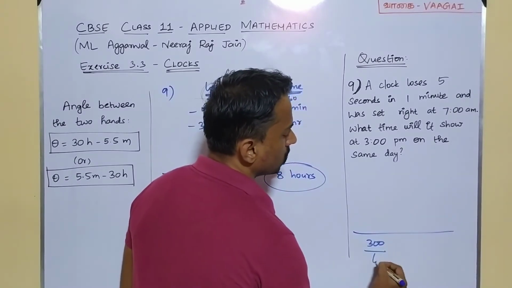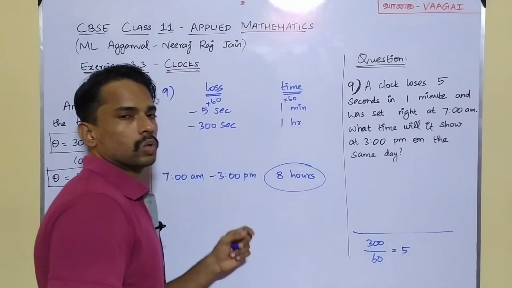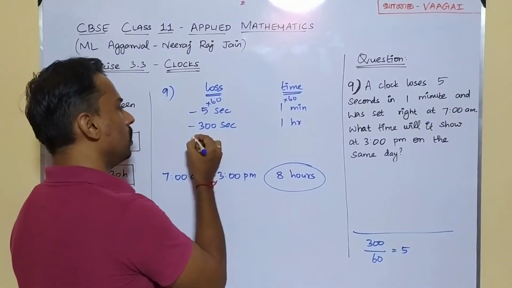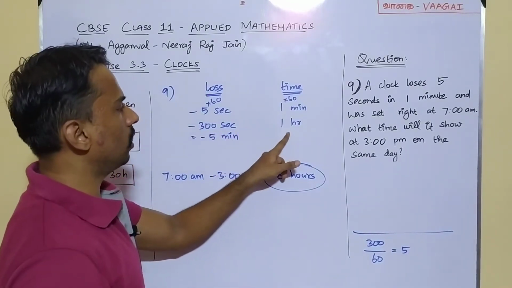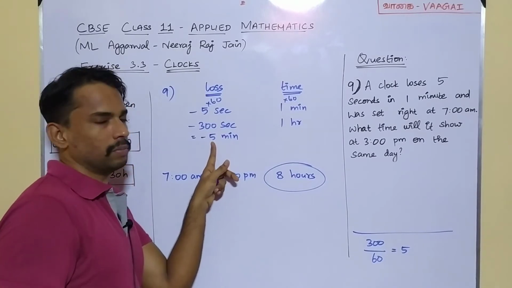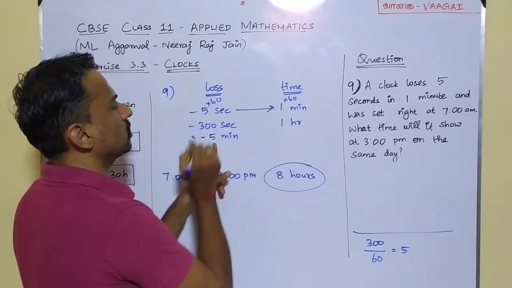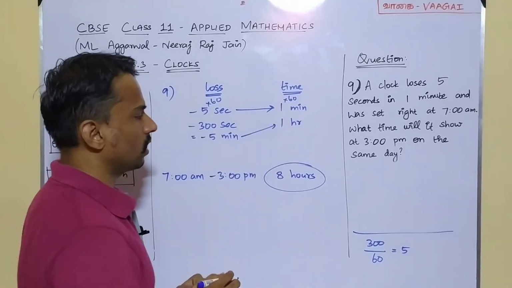So 300 by 60, I will be getting 5 only, right? So now this will turn into minutes. So now this will be 5 minutes. It will be losing 5 minutes. So the clock in 1 hour is going to lose 5 minutes. Okay, this is what we get. So for 1 minute it is losing 5 seconds, then in 1 hour it is losing 5 minutes. Okay, this is all we have.